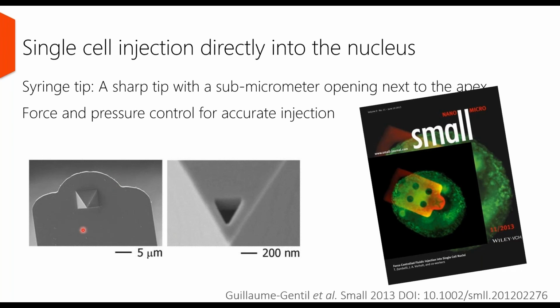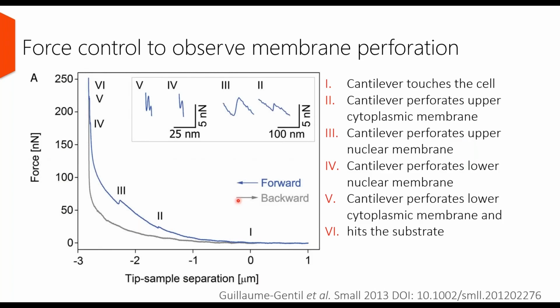This is what the cantilever looks like. At the end of the cantilever, there's this small aperture. Because it's a force sensitive instrument, with a force curve you can actually figure out where you are in the cell. This looks like a force curve of an injection, or actually this is beyond injection. When you push against a cell, you have a point given by Roman numeral 1, where you actually touch the cell.